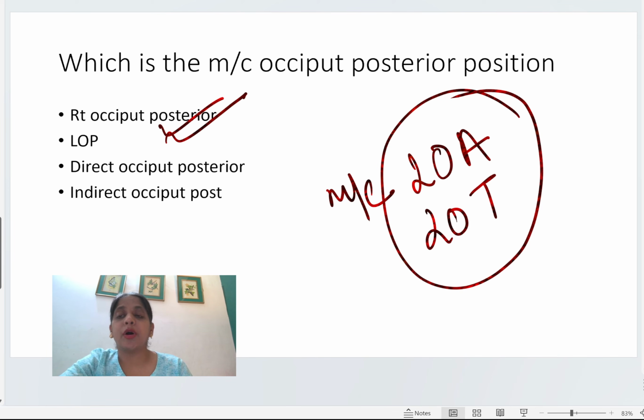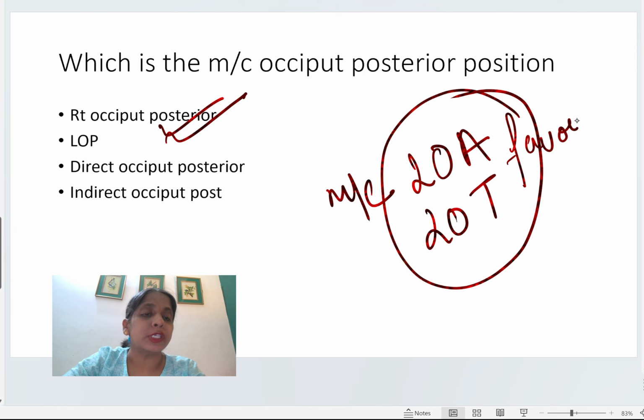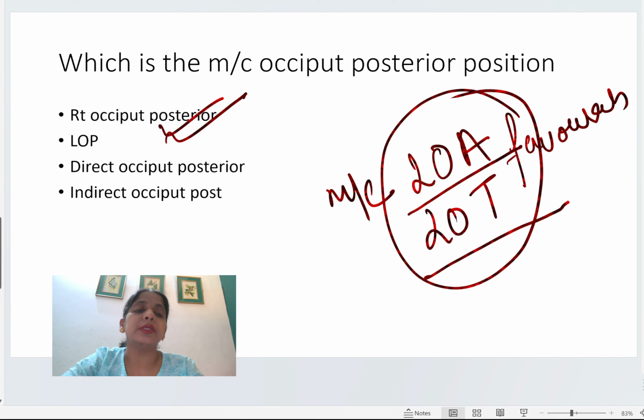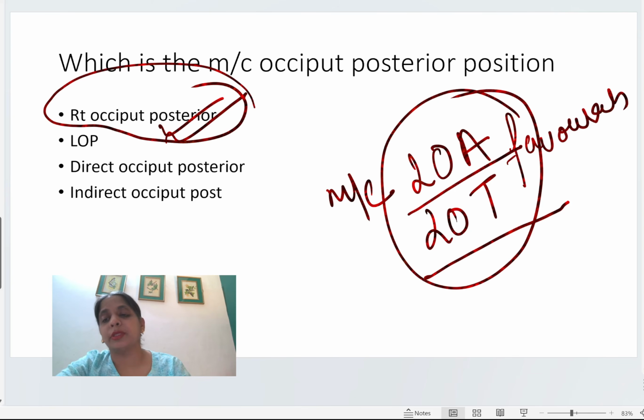These are the five-year PYQs that you have to remember. The most common favorable position is left occiput anterior or left occiput transverse. Occiput posterior is a malposition, and the most common malposition is right occiput posterior. Questions do come on this.